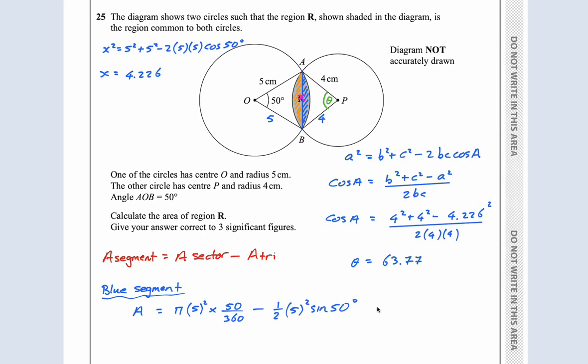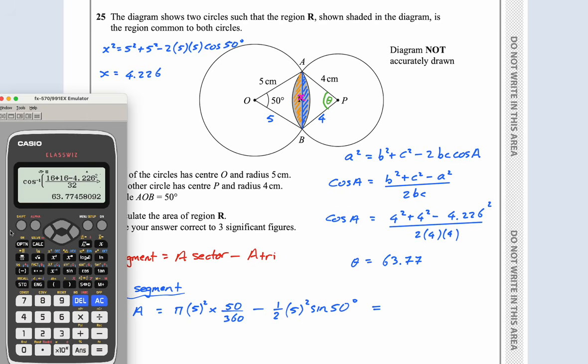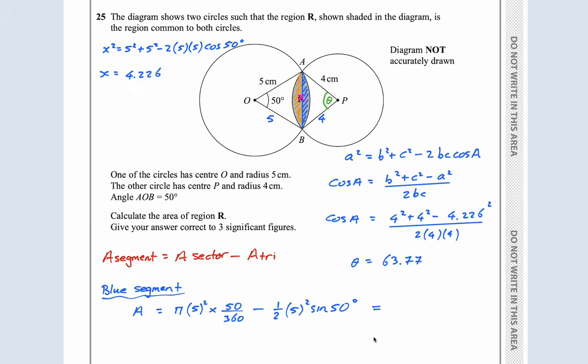So this is equal to pi times 5 squared, which is 25, times 50 over 360, minus a half, 0.5, times 25 for 5 squared times sine 50, close brackets, 1.3328.